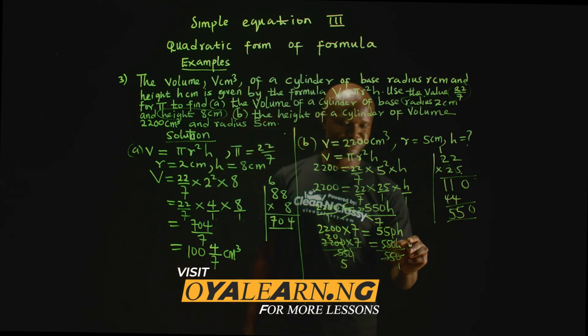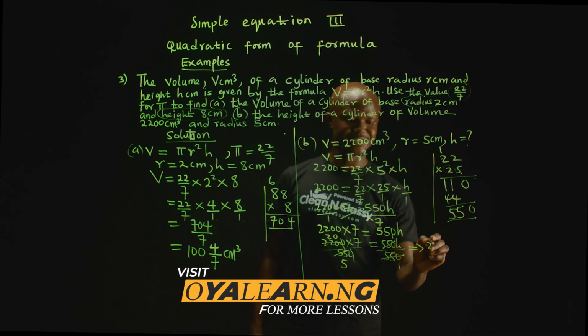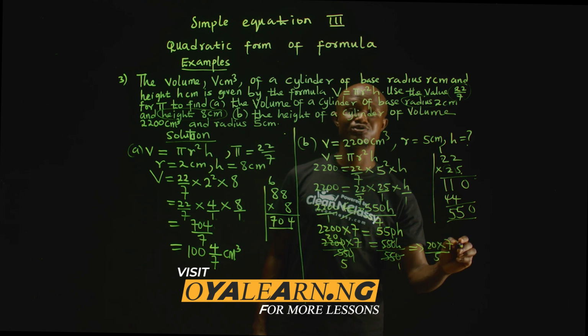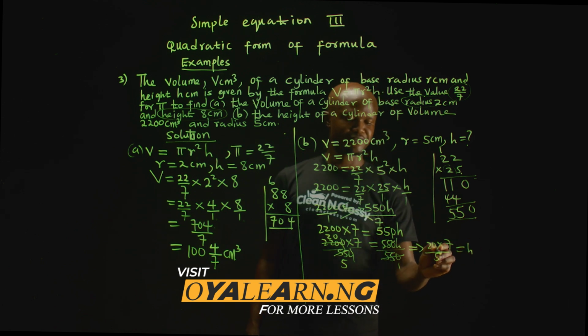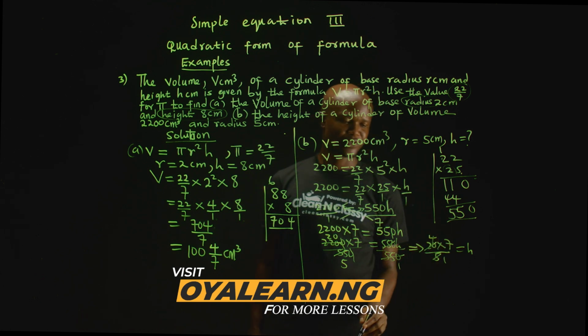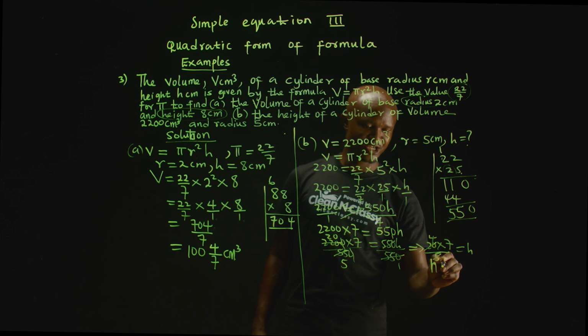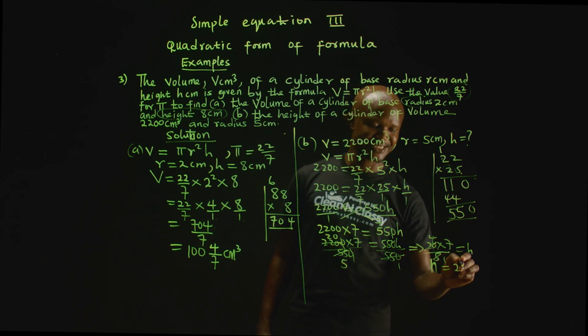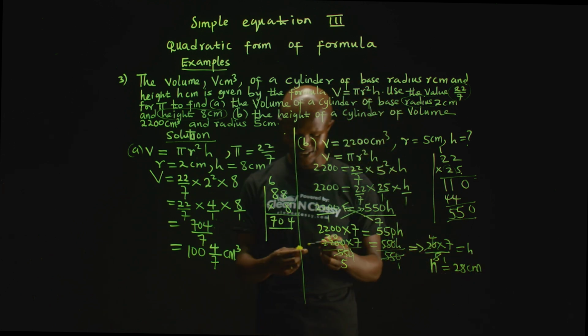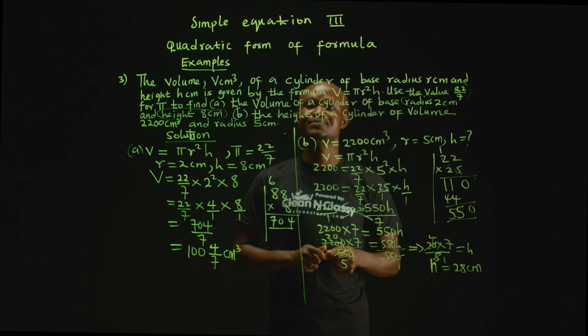Now we have 20 times 7 divided by 5 equals h. 5 in 20 is 4. 4 times 7 is 28. So h equals 28 centimeter. Hence, the height of the cylinder is 28 centimeter.